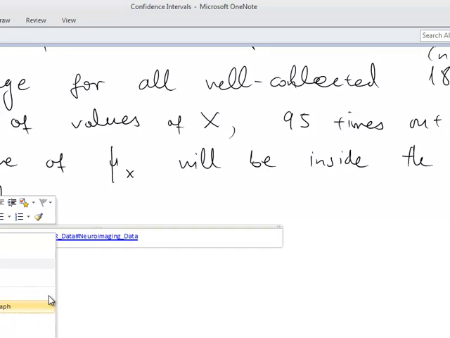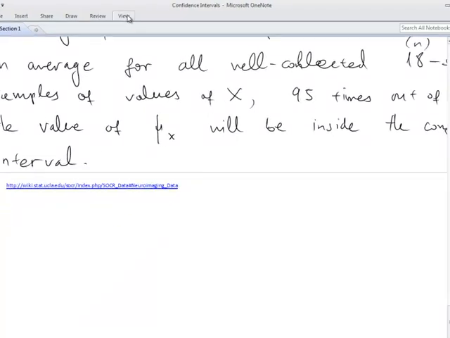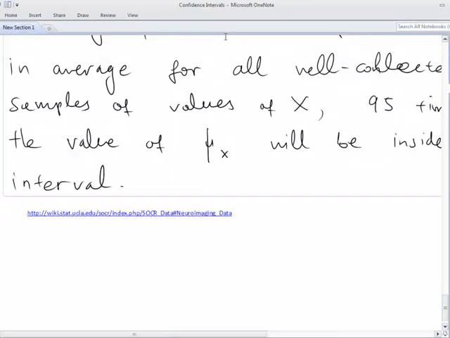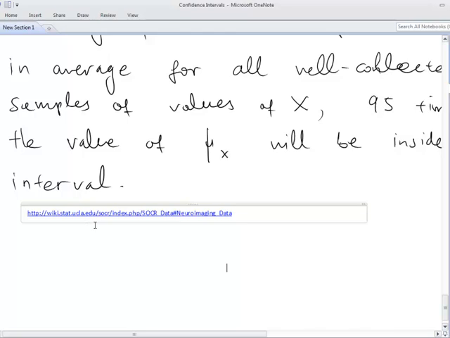I think now you can see the data set. You go to wiki.stat.ucla.edu/socr, then /index, and then you will be in this data set.